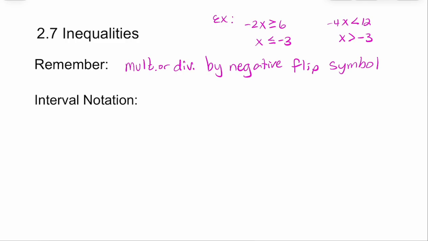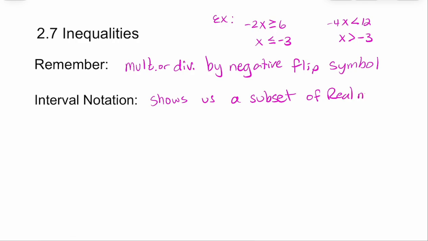Now, as we do these inequalities, there's some things that we need to talk about. A notation you may have seen in Algebra 2, but you may not have. It's called interval notation. And it shows us a subset of the real numbers.